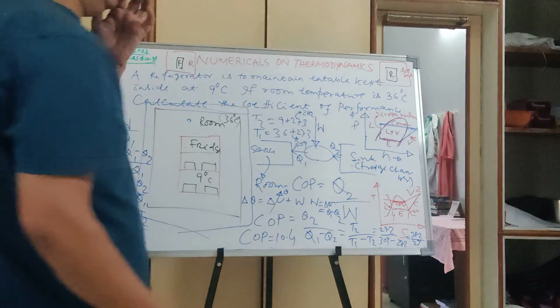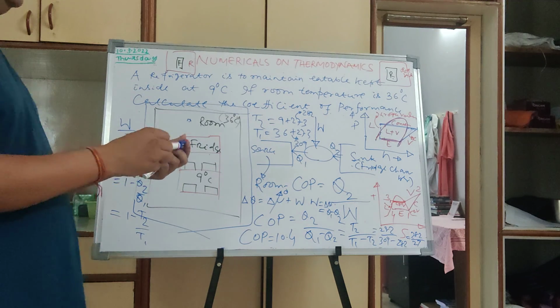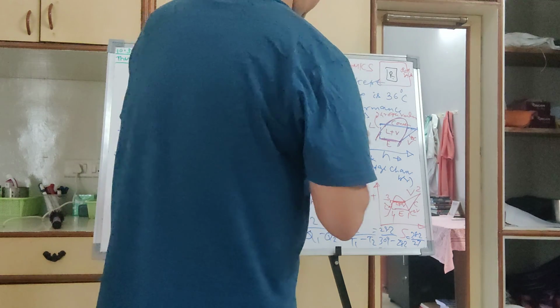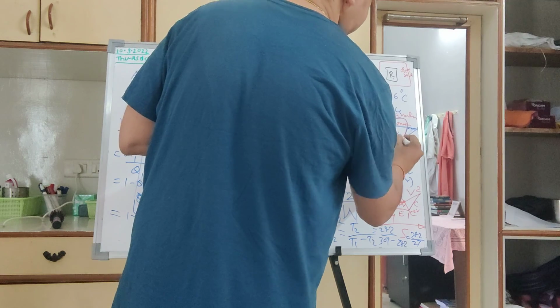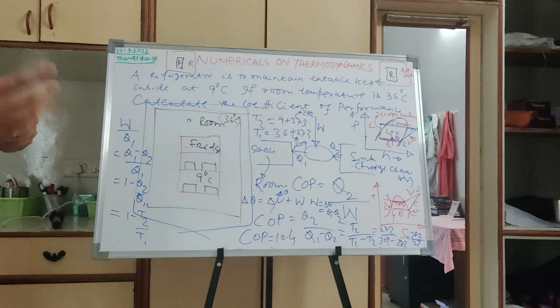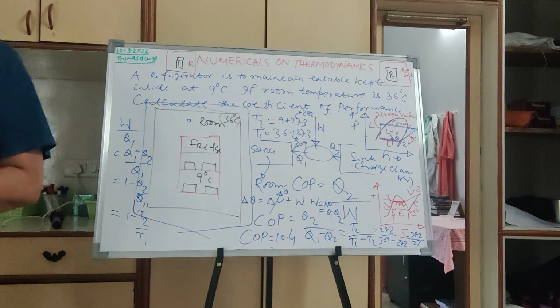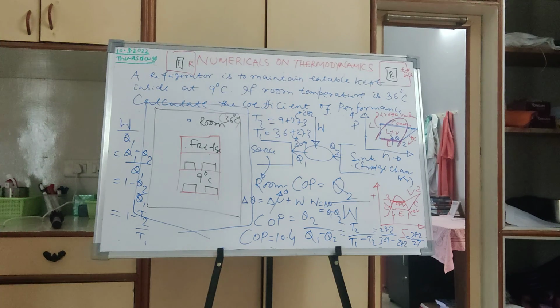Actually, whatever is happening, this is happening in the evaporator. How much you are cooling? So how much heat is being absorbed? Normally this Q2 amount of heat is getting absorbed in the evaporator. Okay. So the more heat you are absorbing in the evaporator, the more is the capacity of your fridge. Okay. So normally refrigerator capacity is told in terms of tonnage.